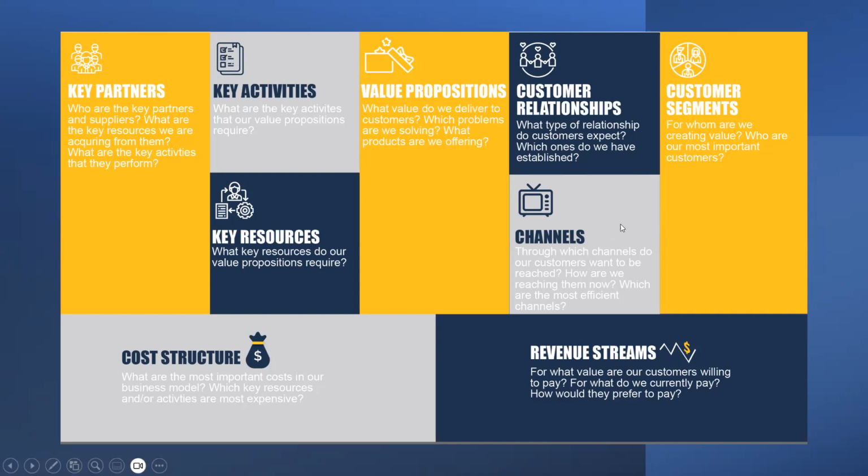Now, having done those 4, I want to be asking myself, this is my value proposition to these customers that I'm going to be offering through this channel. What are the key activities, the business processes of reaching my clients? What are the processes of reaching my clients?